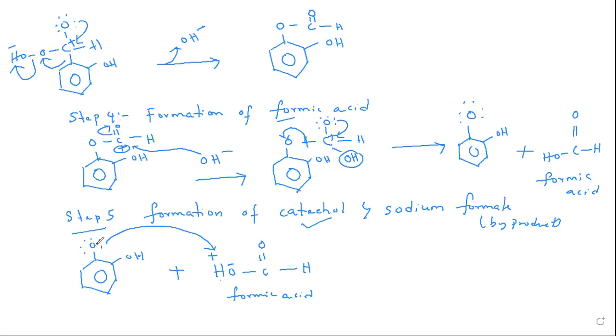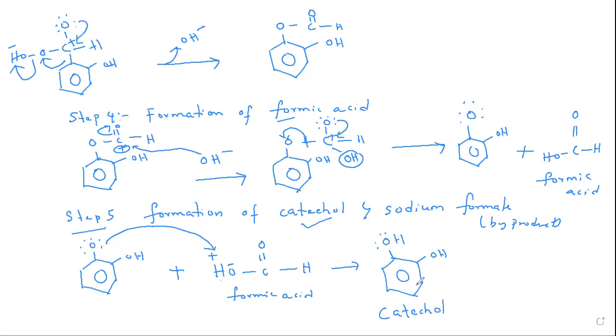Therefore, this oxygen will form a new bond with hydrogen atom to form OH. Okay, so you can write one product here, that is OH. Now oxygen will have only 2 lone pair of electrons, and this OH is coming from step number 1, which is common. So this is your catechol, the main product.